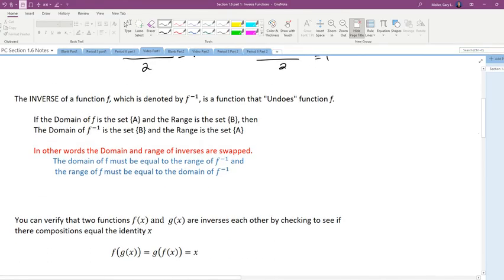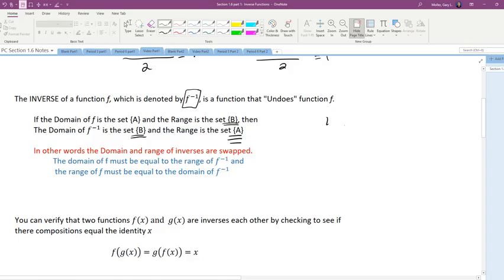The inverse of a function f, which is denoted by f to the negative 1 power, is a function that undoes function f. If the domain of f is the set A and the range is the set B, so we've got a domain and we've got a range, then the inverse, if we use the outputs from the first function as our inputs, should return the values we started with, as we just saw in our example.